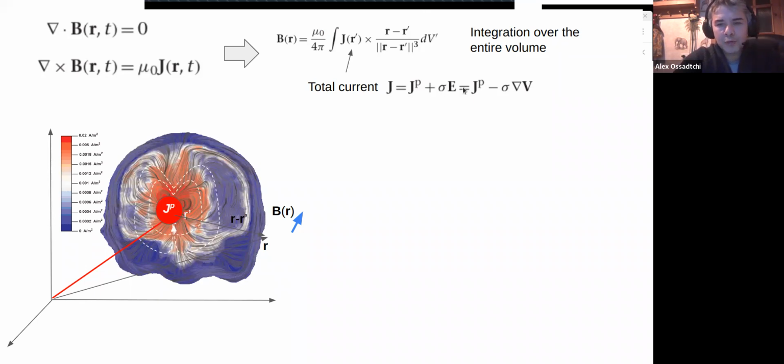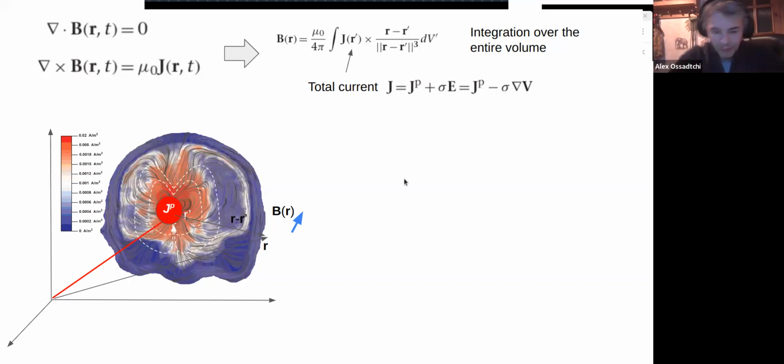And so-called volumetric currents, which are created by the fact that there is an electric field caused by displacement of charges, remember, multiplied by the conductivity of the tissue, right? If there is a field strength and there is a conductivity of the tissue, then there will be current, right? And those are secondary currents, okay? And you have to take into account in this formula both primary currents and secondary currents, okay?